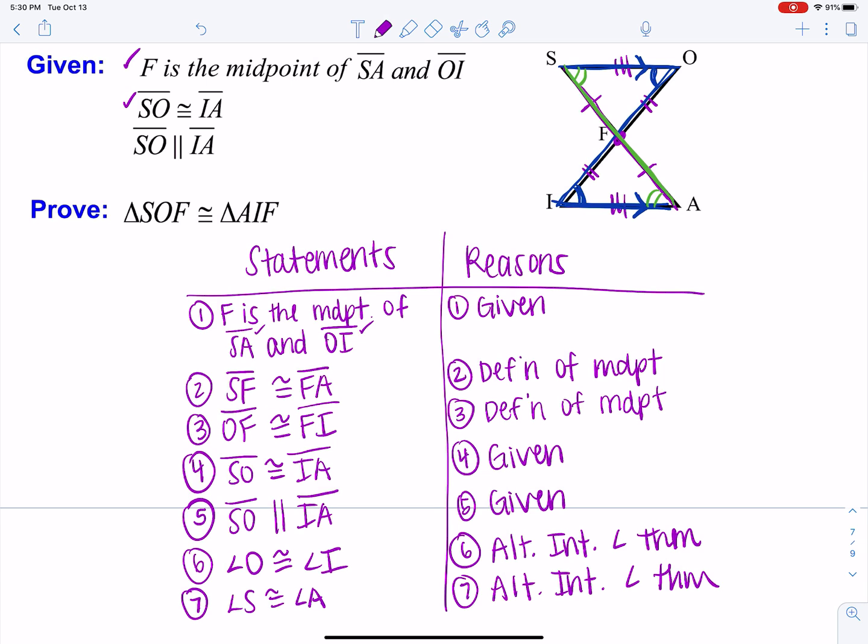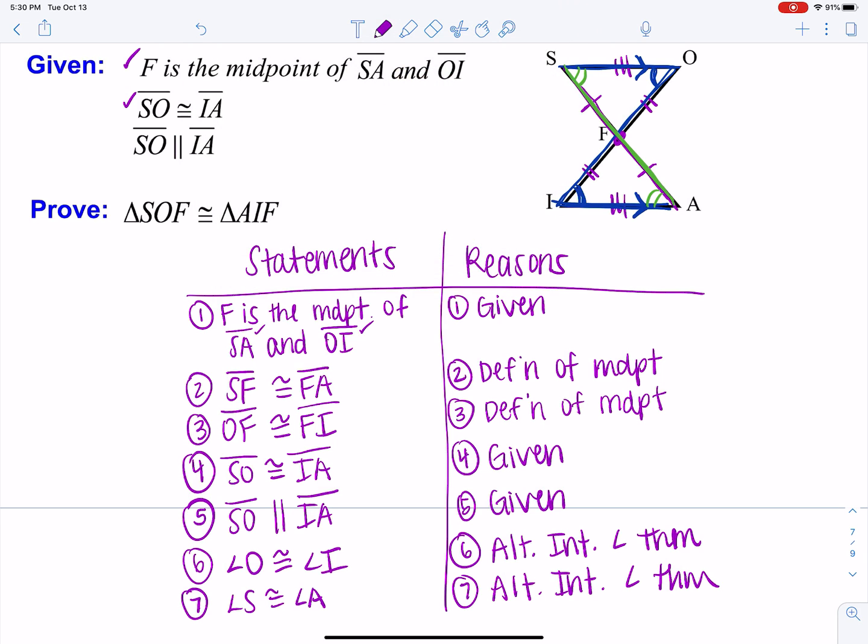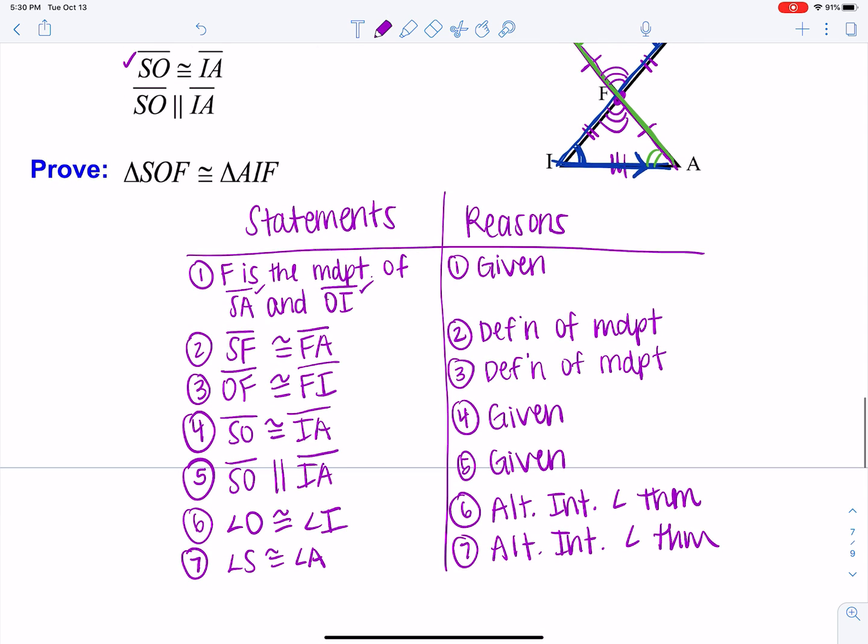Now, in order to prove our third set of angles are congruent, there's a couple different ways you could think about it. You could use the third angles theorem, but looking at the picture, I'm going to use one of my freebies. These two angles formed by intersecting lines are vertical angles.